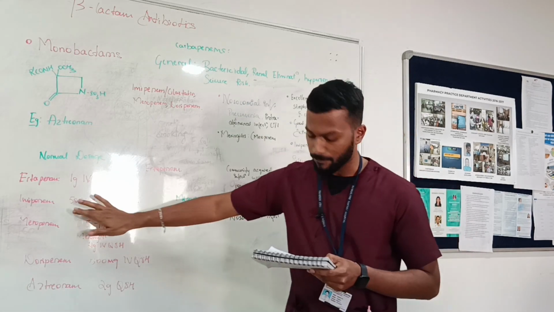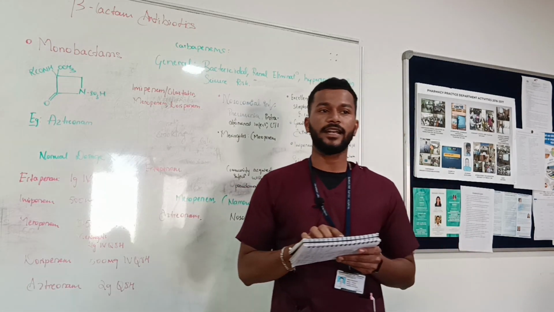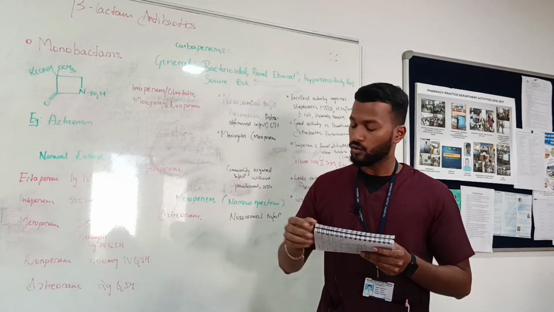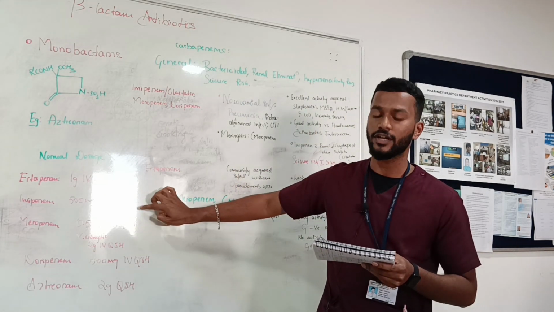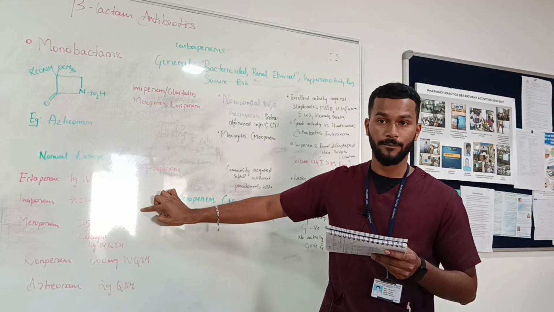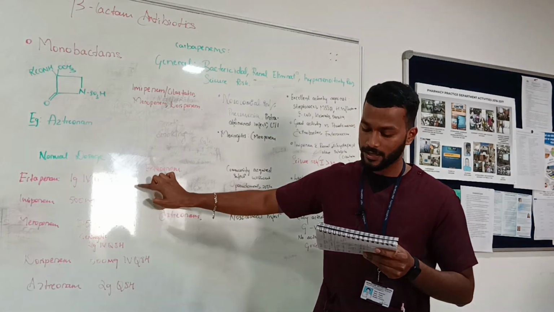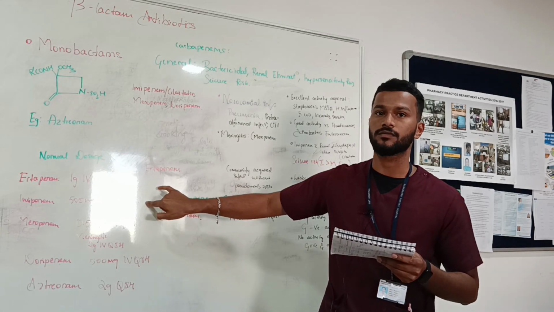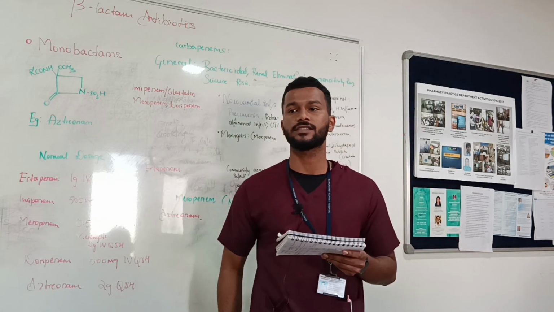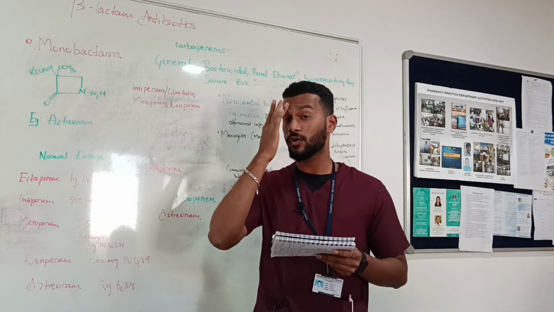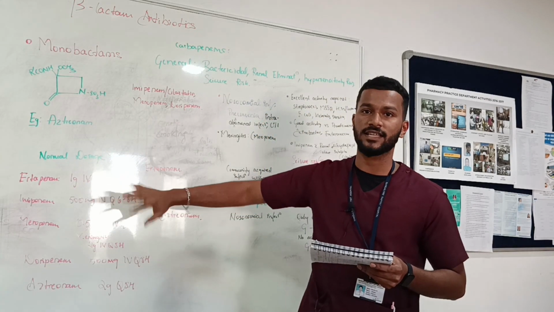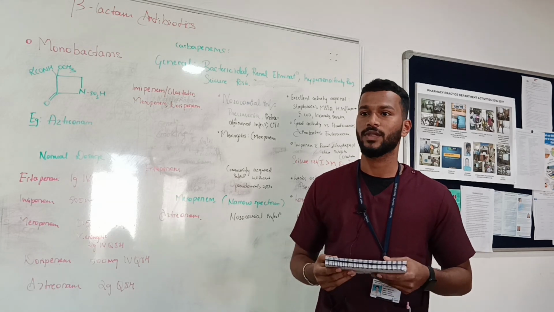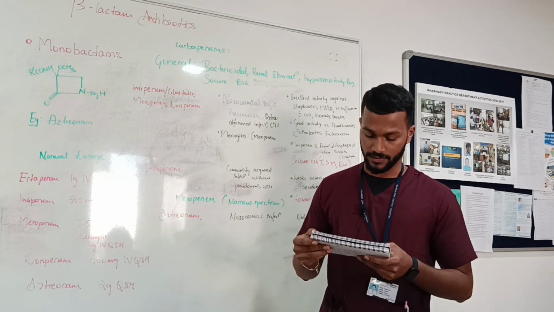For imipenem, if the creatinine clearance is less than 20 ml, 250 to 500 mg every 12 hours has to be given. In hemodialysis also, 250 mg every 12 hours. So that is important. When a patient is under hemodialysis, we have to check if the dosage adjustment is done properly or not. That will be our role in case of these drugs.